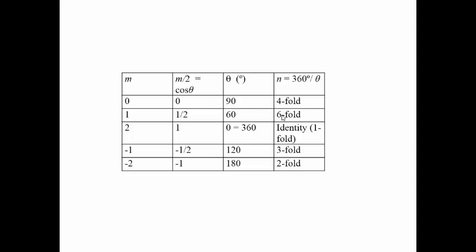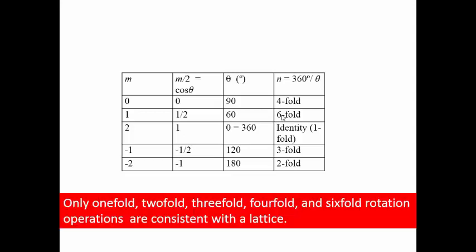It also shows us that a 5-fold, a 7-fold, a 35-fold, a 999th fold, none of those symmetries are permissible in a three-dimensional, or two-dimensional, or one-dimensional, or n-dimensional periodic plane.